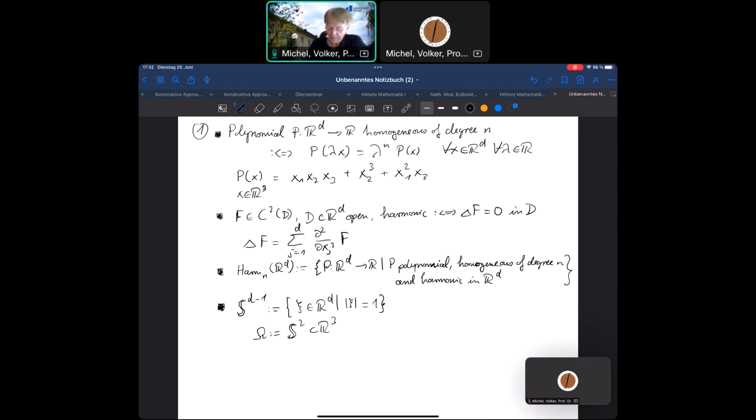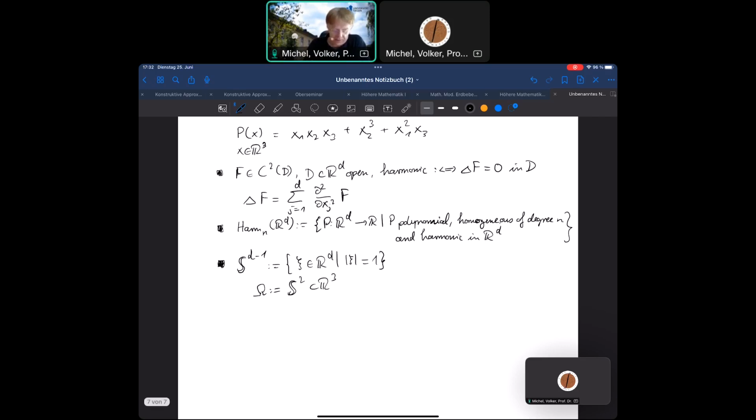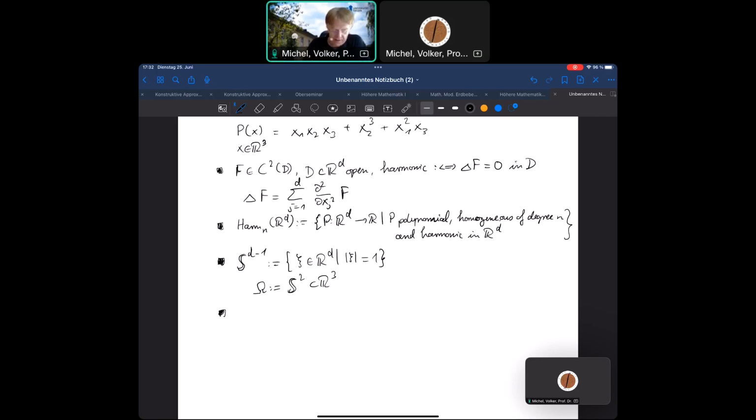Now, how do we get everything together? I define the space Harm_n(Omega) as the set of all restrictions of polynomials p in Harm_n(R3).